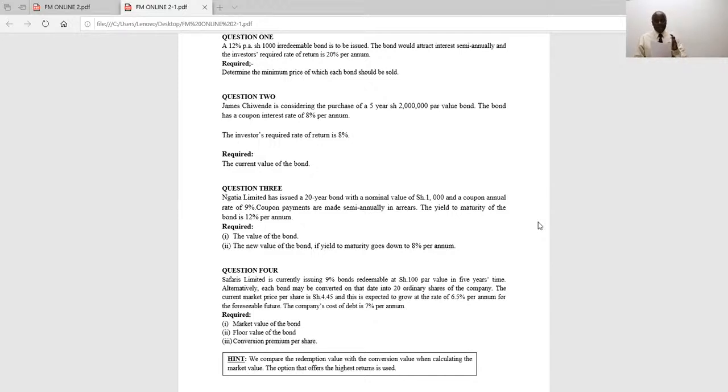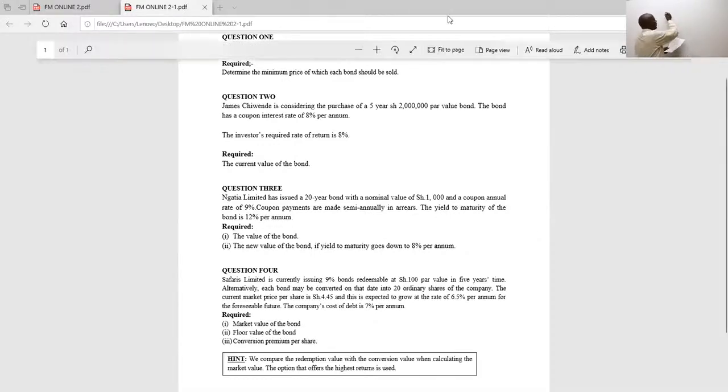James Chiwende is considering the purchase of a 5-year shillings 2 million par value bond. The bond has a coupon interest rate of 8% per annum. The investor's required rate of return is 8%. So they want us to give them the current value of the bond.